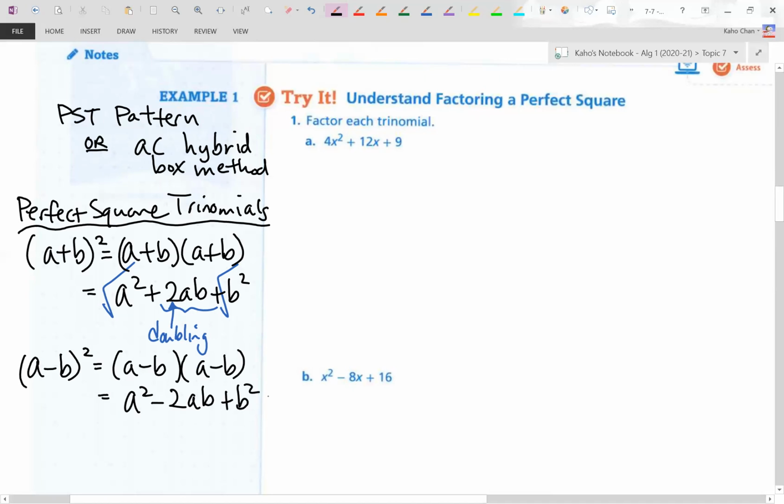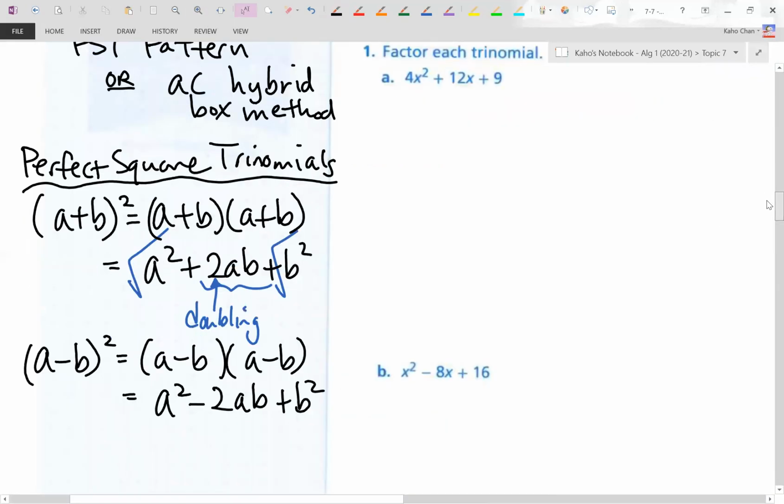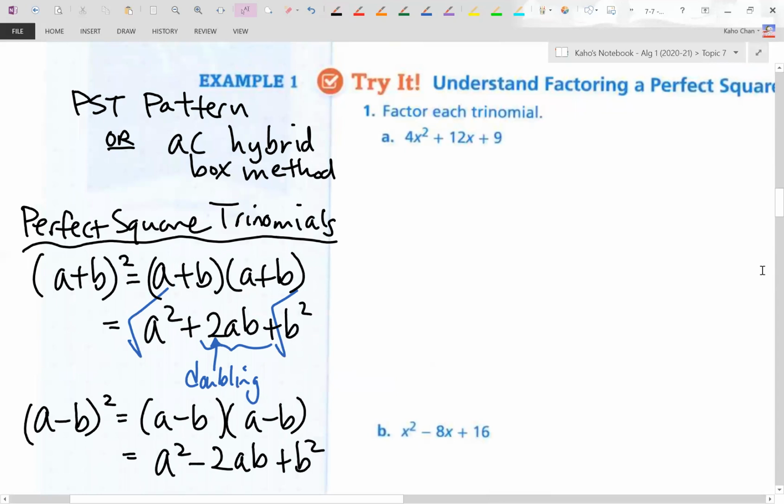Hey, let's try that and check number 1a. Here we go. Ooh, this is a possible PST. Let's square root the first term. Square root of 4x squared is 2x. Let's square root the last term. Let's go ahead and multiply them together and double it.